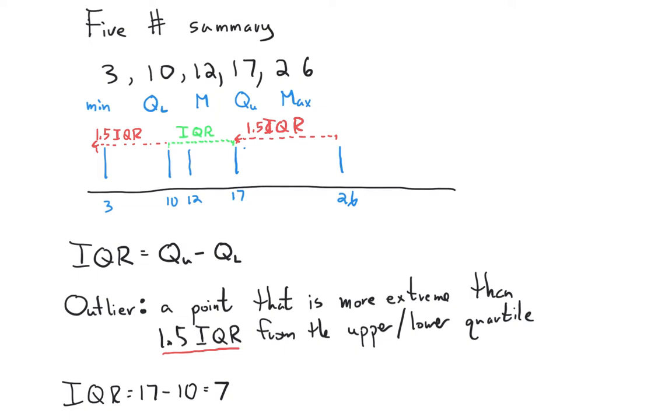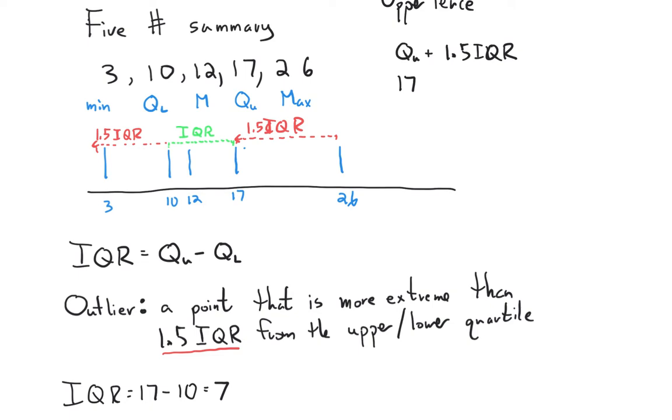So let's figure out our upper fence for the example that we have. It's going to be the upper quartile, and it's going to be 1.5 IQRs. Maybe I'll write this in terms of the formula first.